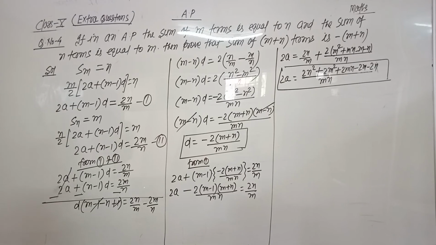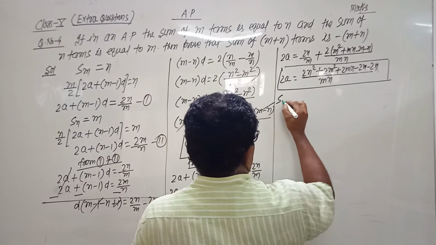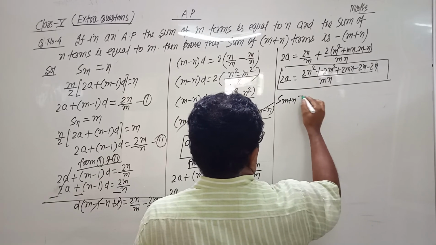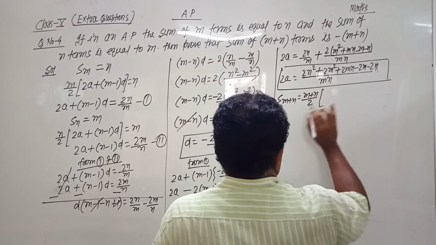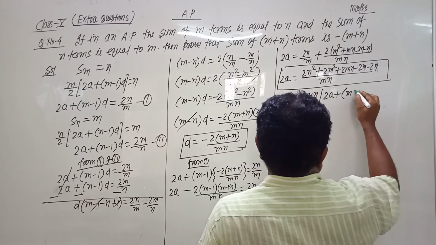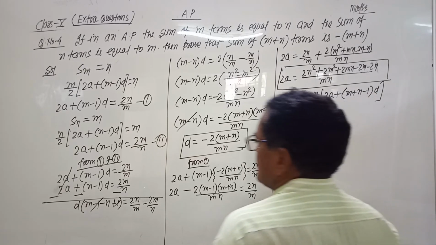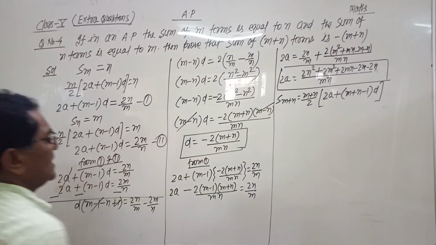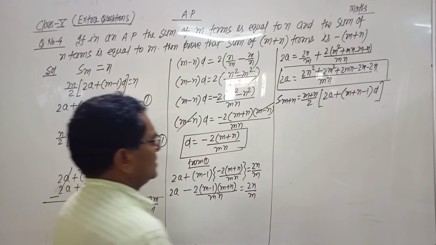Now we have to find the sum of m plus n terms. S(m plus n) equals (m plus n) by 2 times (2a plus (m plus n minus 1) into d).